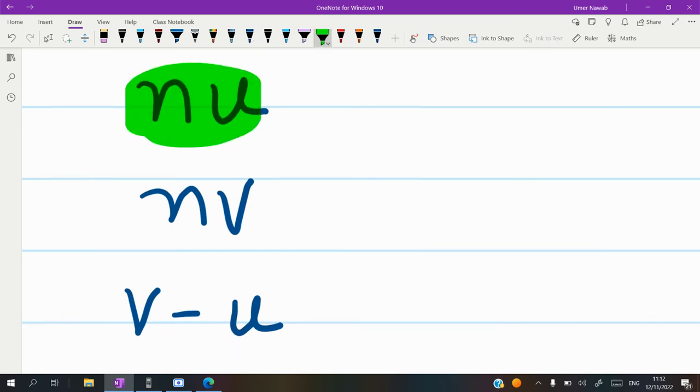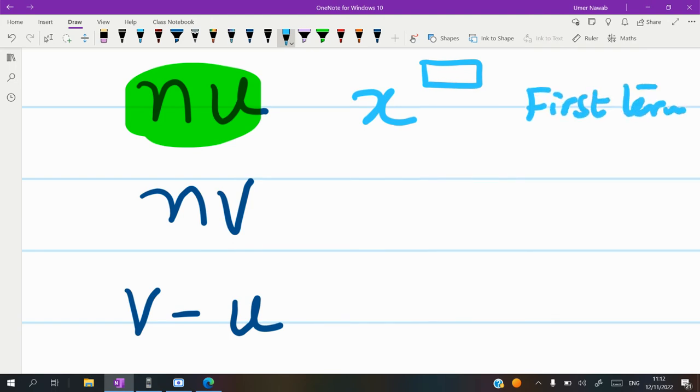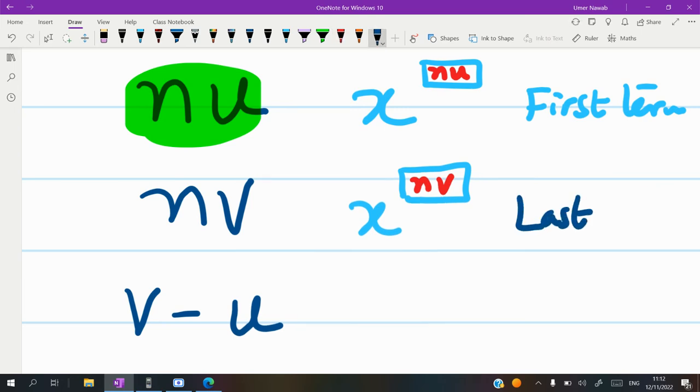Again, nu is the power of the first term, nv is the power of the last term, and v minus u is the step of the power, how the power is growing. Is it going up with a constant value, a constant jump?